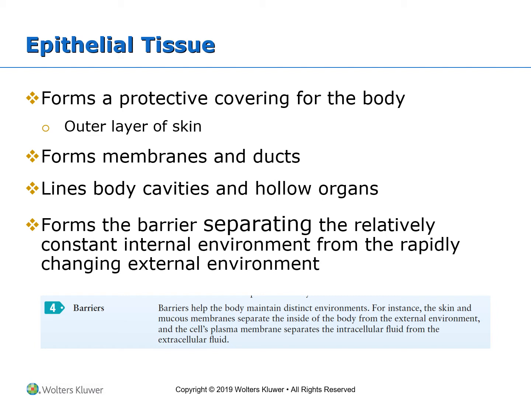So the epithelial tissue will be the tissue forming the membranes and lining the ducts, will line body cavities and hollow organs. And in addition to that, will be part of some specialized structures that are called glands. And we'll discuss that a little bit later.